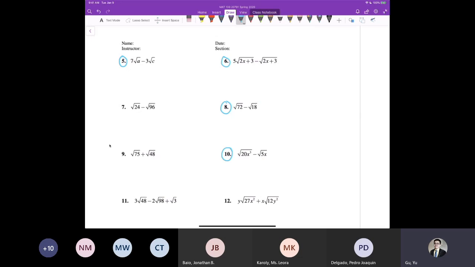Complete these 4 problems. The instruction says combine and simplify if possible. Let me know if you need any help. And of course, we can do number 16 later.